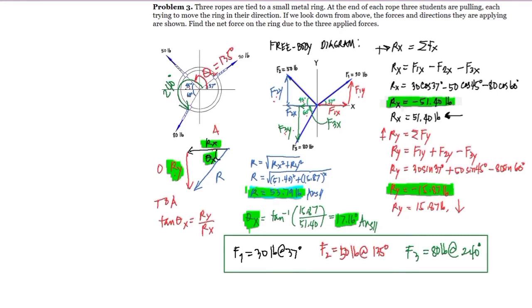So, kung isusulat natin to, the resultant is 53.79 pounds at negative 162.84 degrees.